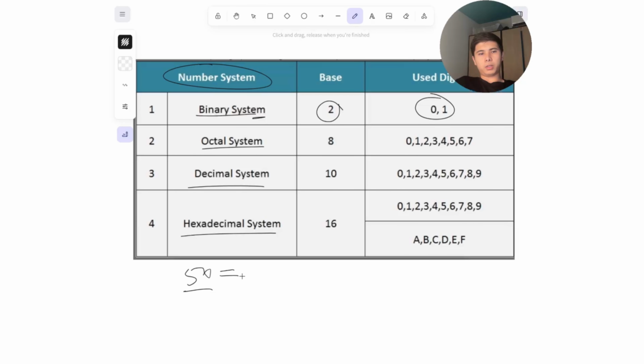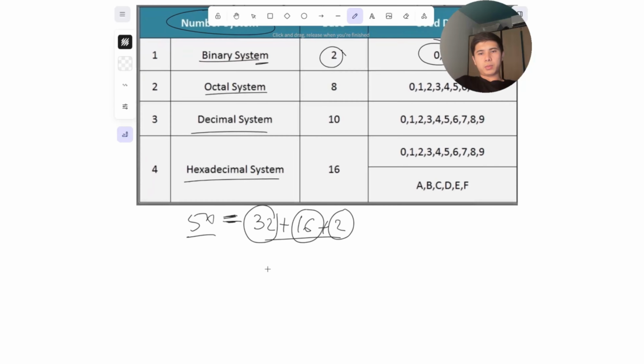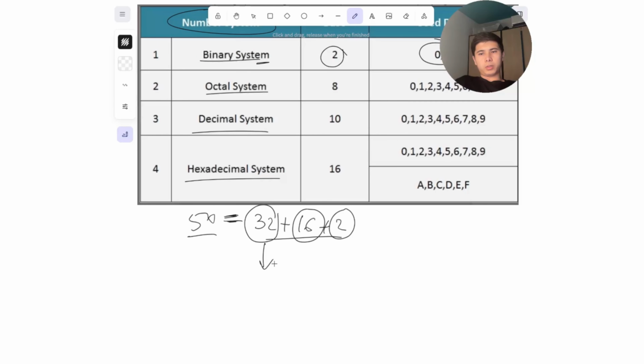For example, 15 is represented as 32 plus 16 plus 2. Here we can see, if we sum and calculate these numbers, it also equals 15. And we can split it again into binary format.